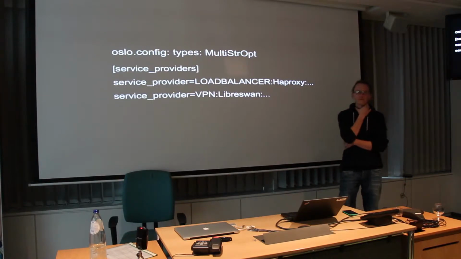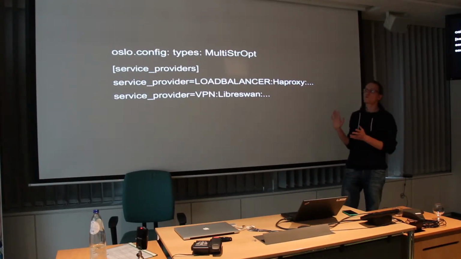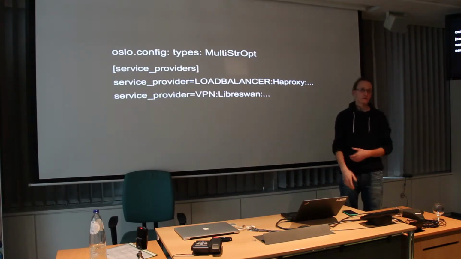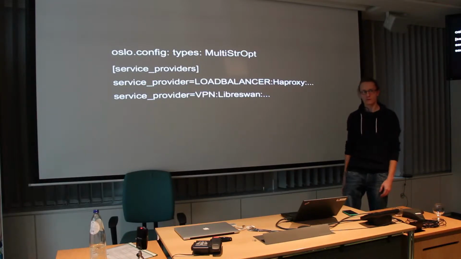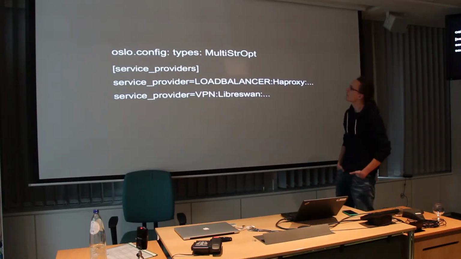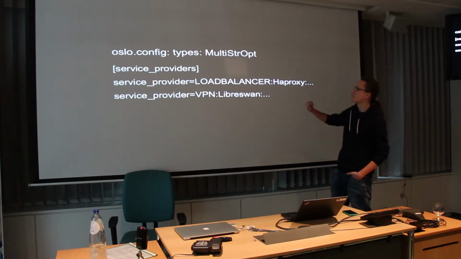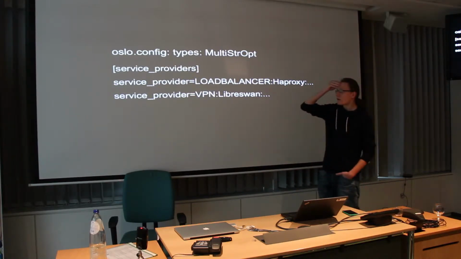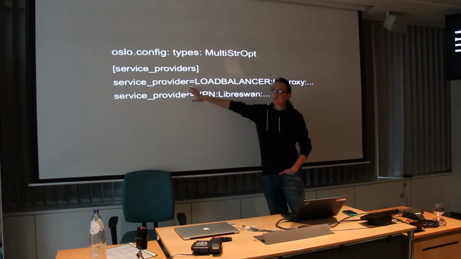Well, speaking of multi-string option, that's the bastard child of the project. Everyone would like to deprecate it or remove it, but they cannot because it's already used in some of the projects, like Neutron. In Neutron, we use that option to specify service providers for every service plugin that we enable. And the idea of the option is that you can actually have duplicate values.